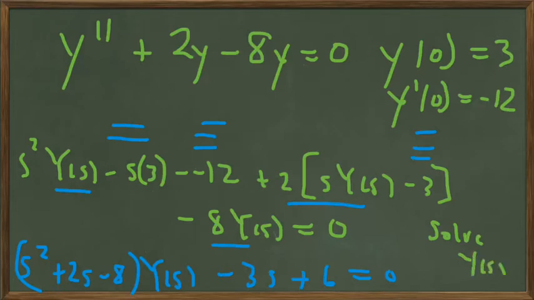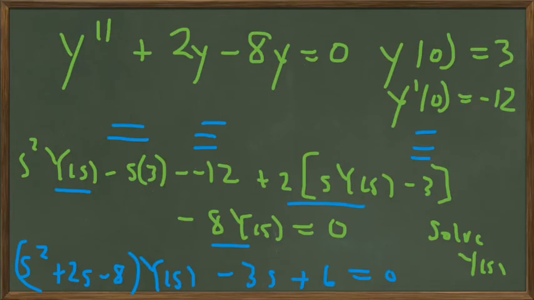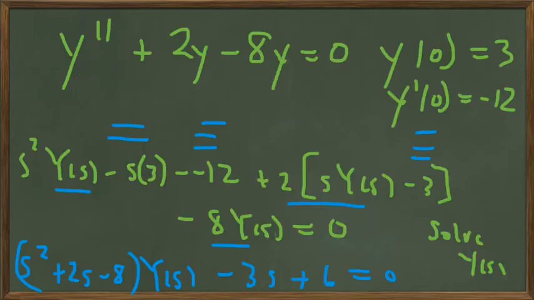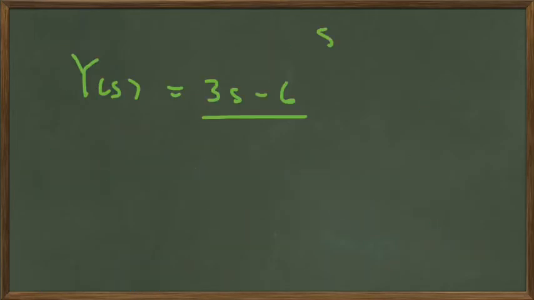So we just add 3s and subtract 6, and then divide by s squared plus 2s minus 8. So Y(s) equals 3s minus 6 over s squared plus 2s minus 8.